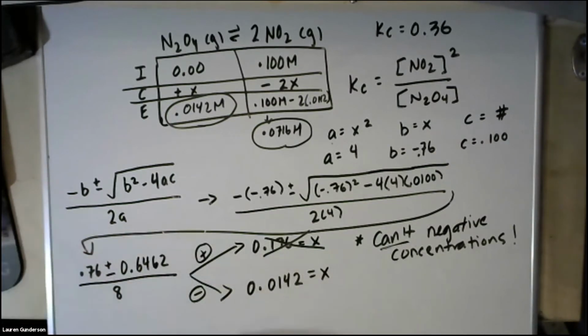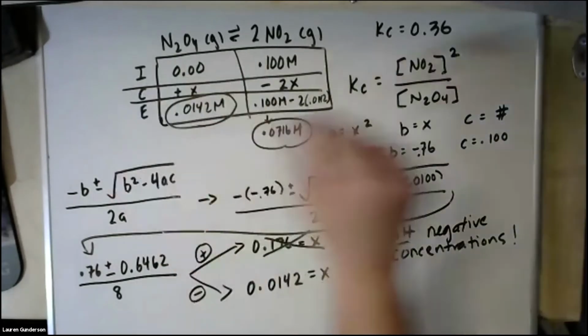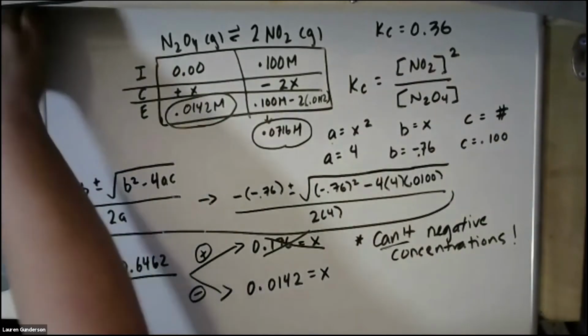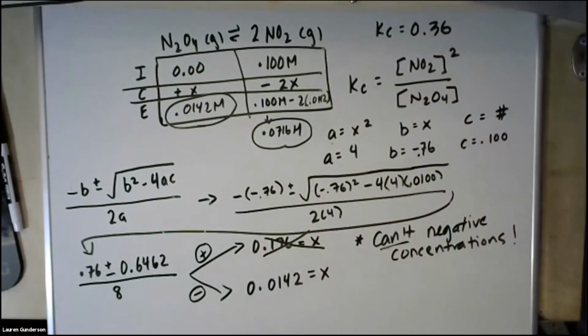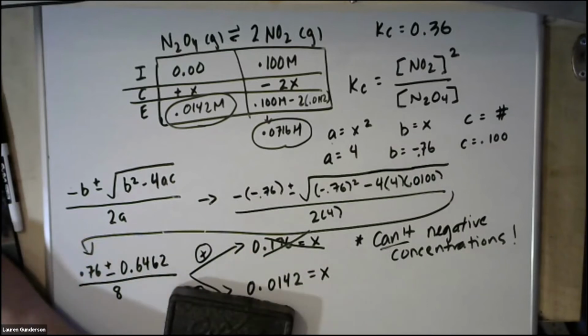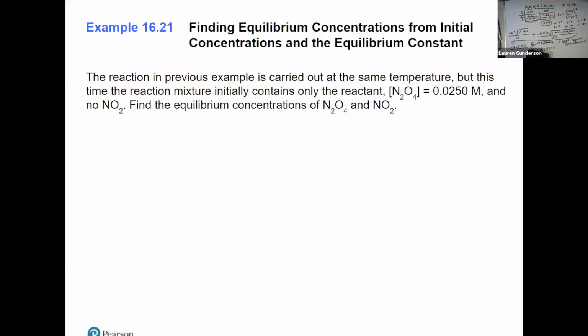So this time we're going to use the same reaction, but we're going to look at a different temperature, right? Because, oh no, we're looking at the same temperature now because they're going to let us use the same Kc value. Okay, let me show you the question. So it says the reaction in the previous examples carried out at the same temperature, which means that we're not going to change the Kc value.